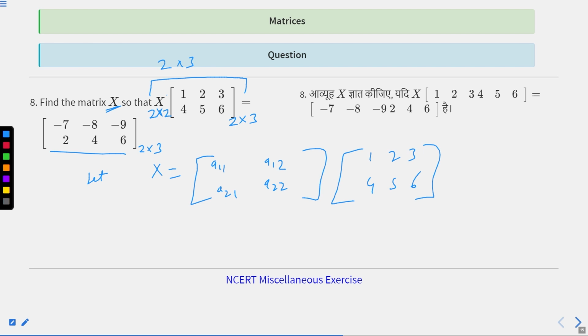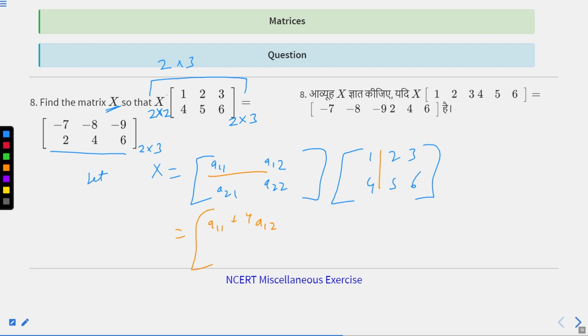Now just multiply. So a11 multiplied with 1 gives a11 plus 4a12.